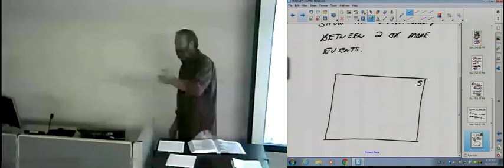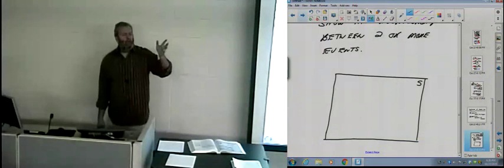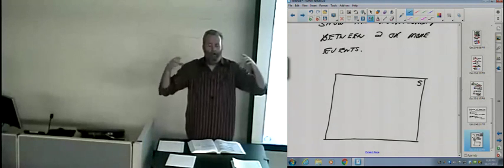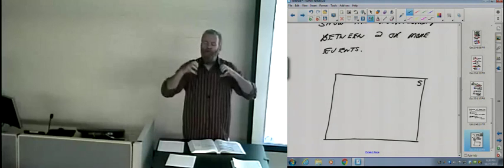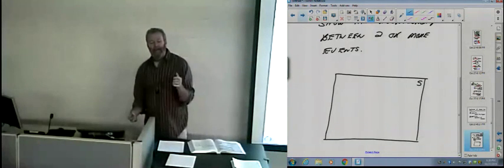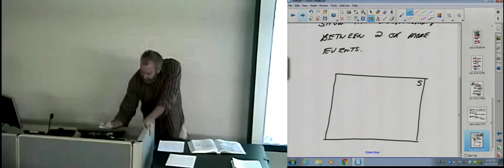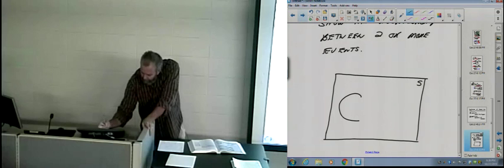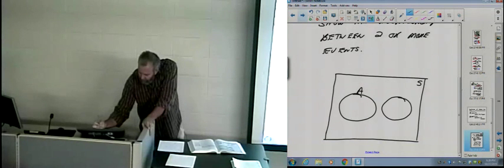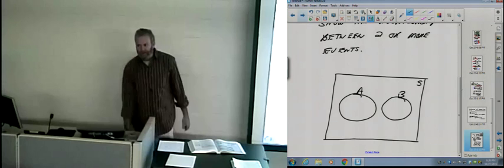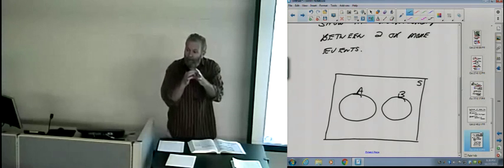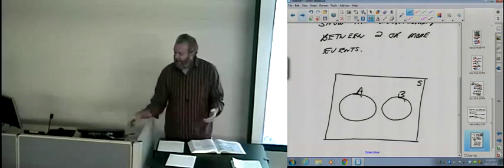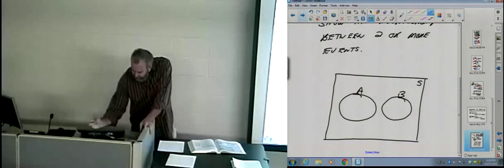I talked to you about disjoint when we wanted to talk about the probability of A or B. If they're disjoint, you added. I can draw you a picture here with a Venn diagram of what it means for those 2 events to be disjoint. Remember, they had no outcomes in common. Here sits your A. Here sits your B. That is a picture of disjoint. There's no overlap. There's no outcome that can be in A and be in B at the same time. That is a picture of disjoint.